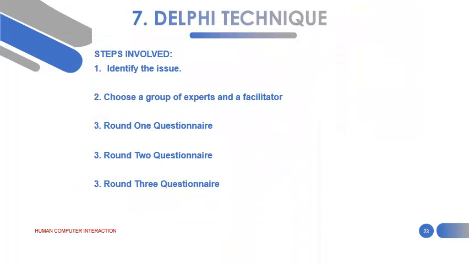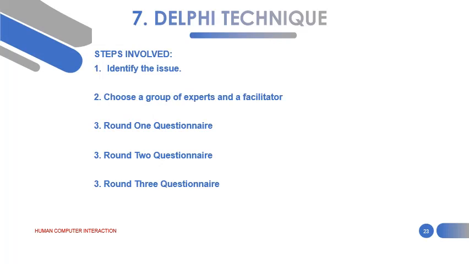With the Delphi technique, there are steps involved. The first one is identification of the issue. After the issue has been identified, you have to find a group of experts who would brainstorm on the issue or give their inputs on it, as well as a facilitator who will oversee the whole session.